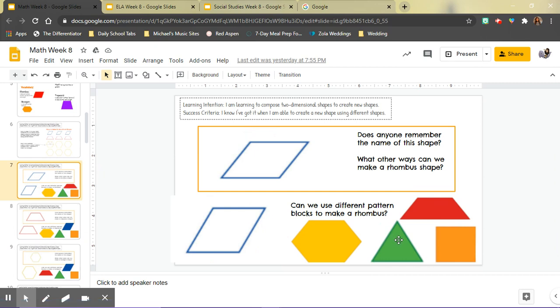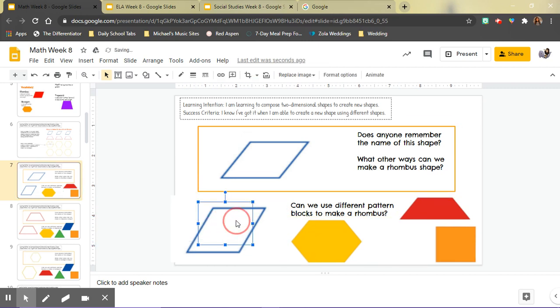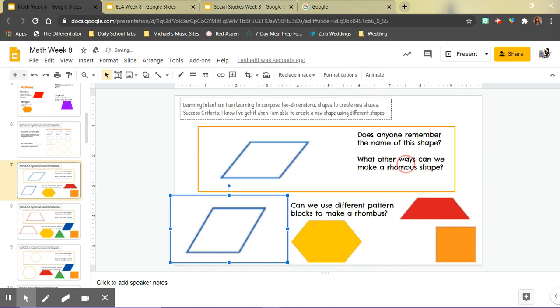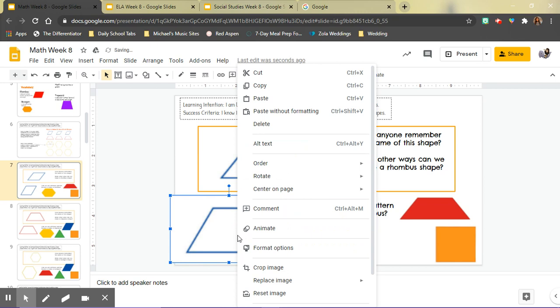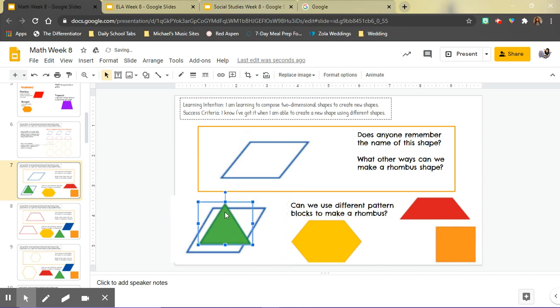Let's look at the rhombus. One thing I can do to make a rhombus is use a triangle. And let me move that to the back. There we go. Now I do have to move around my triangle to make it fit, and it might not be perfect, but you get the idea.